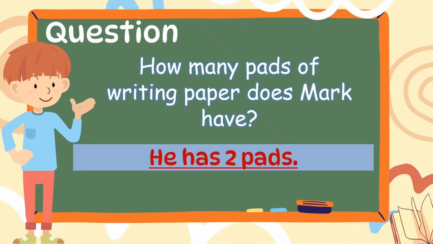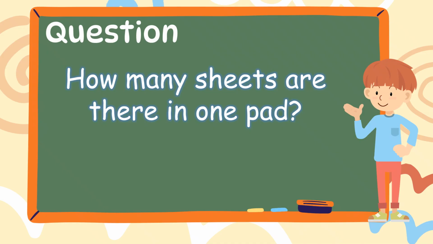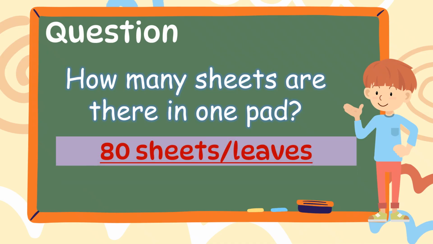Okay, great. He has two pads. Always remember we have to answer in complete sentences, right? So how many sheets are there in one pad? You're right. It's 80 sheets or 80 leaves.